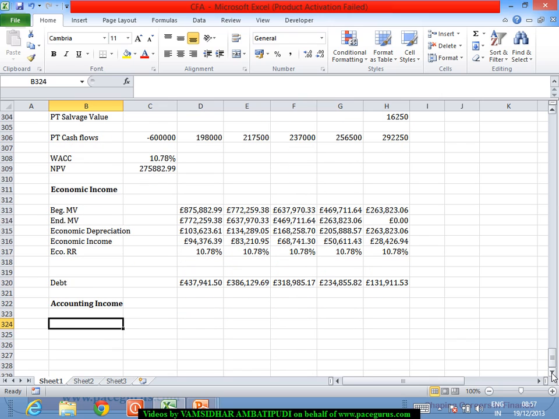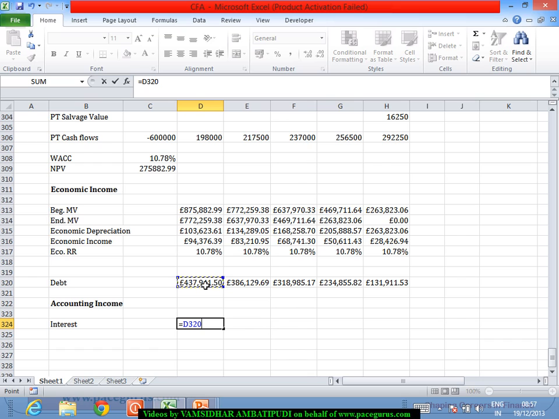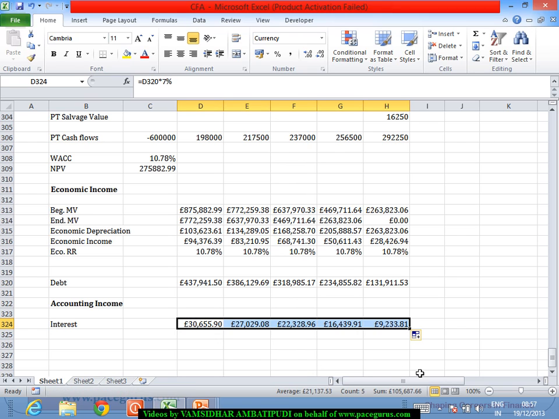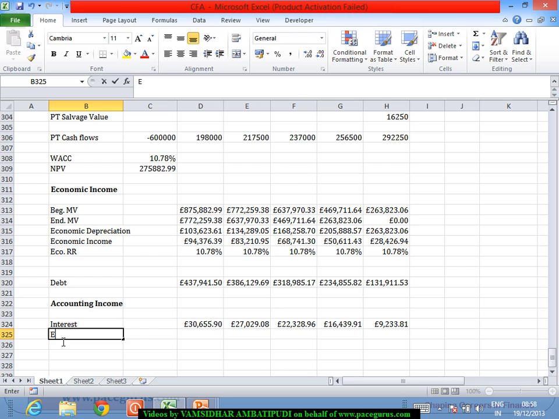On this debt we are computing the interest at the rate of 7%, which means interest is around 30,000, in each of the years. Based on this I get my EBT, which is EBIT minus interest.